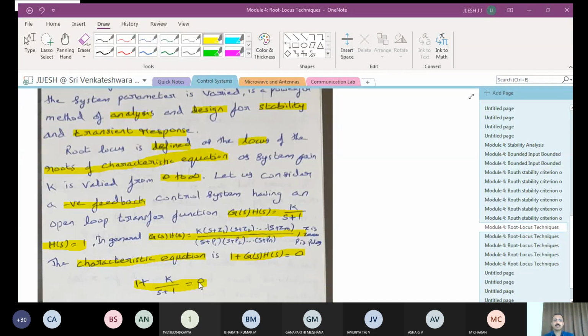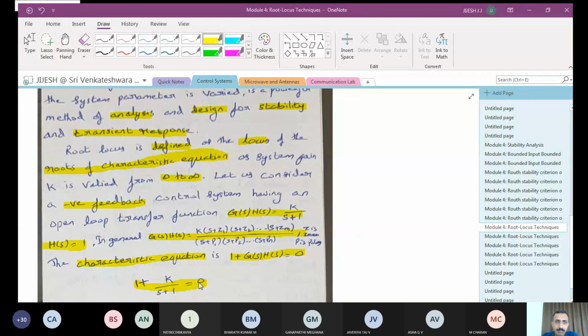Once you complete the characteristic equation, let me know and we will continue further.